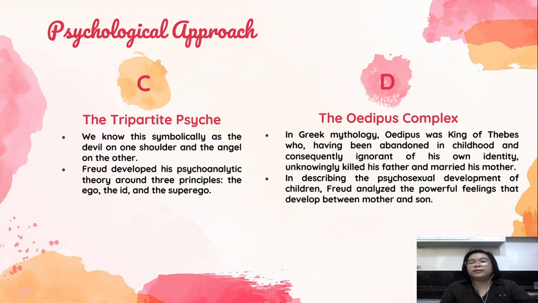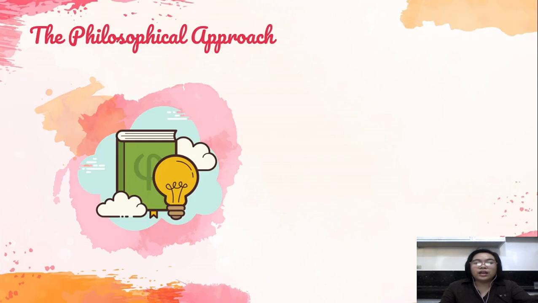So in psychoanalytic criticism, Freud is considered one of the most renowned founders. He plays a vital role for the ideas that developed across time. So the next approach is the philosophical approach.